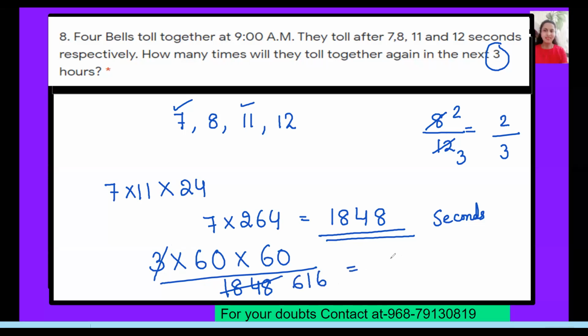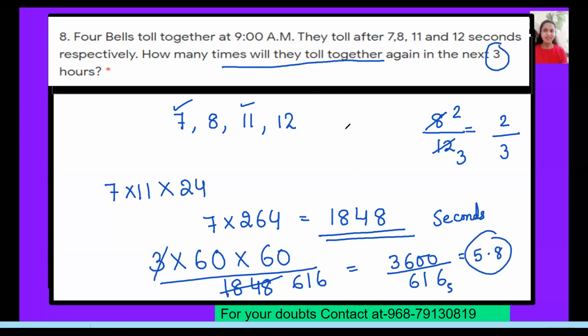So 3600 divided by 616. 6 times 5, 30. So this will come as a fraction actually, roughly 5.8 something. So the number of times they will all toll together again will be 5 times. That's it. So let's start with the next question.